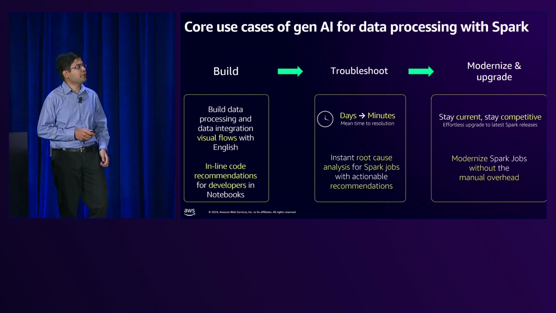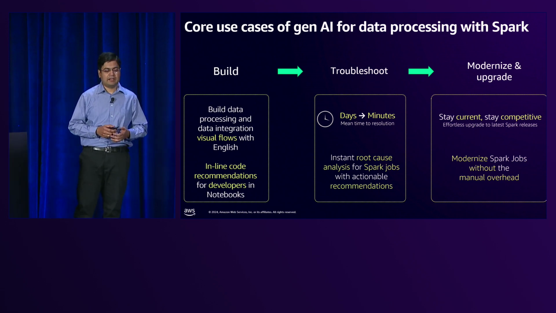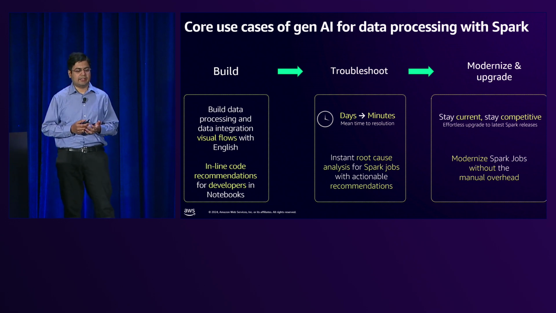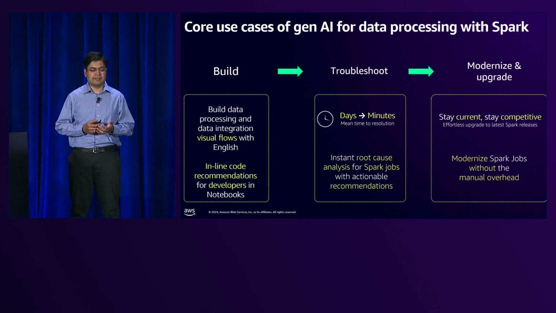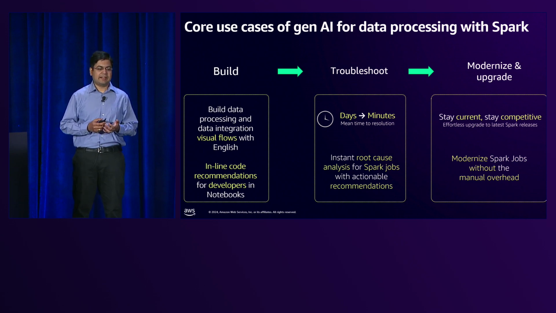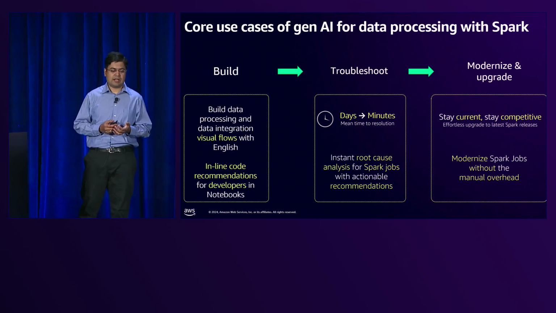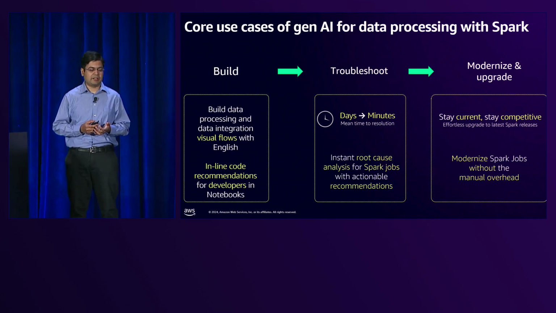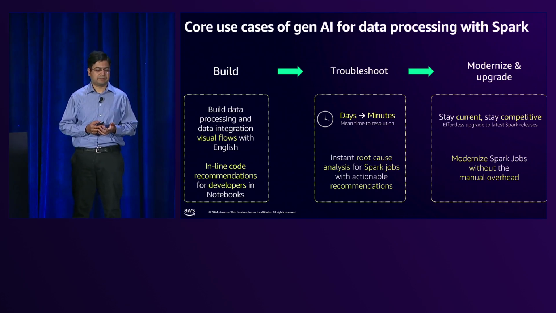For low-code, no-code users, they can simply express their intent in English, and behind the scenes, this capability generates visual ETL DAGs as well as PySpark code for them. For developers, they can use the same natural language prompts and get auto-code completion in their notebooks.